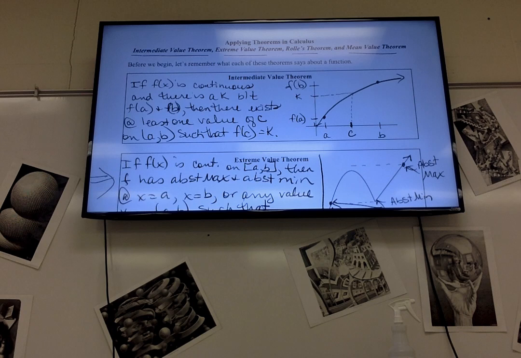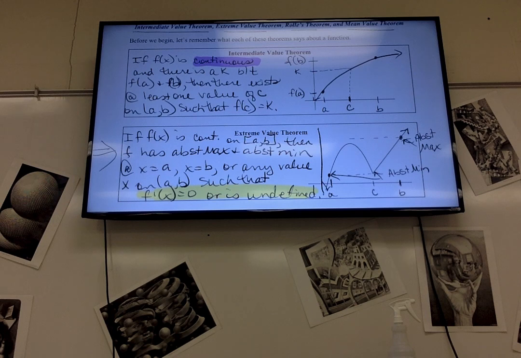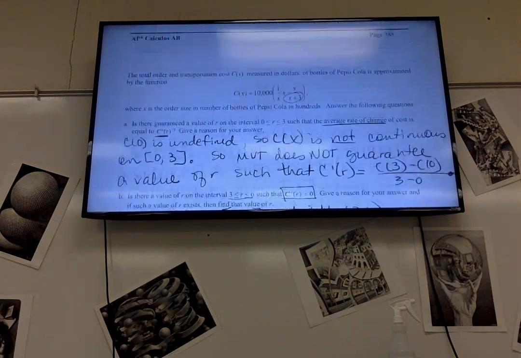We started out with IVT because it was just a review. And IVT just had to be continuous, and then it has to be a point in between the two y's, a y in between the two y's, which says that there has to be an x basically in between the two x's. There's no derivative or anything on IVT. That's why we did that one so long ago.